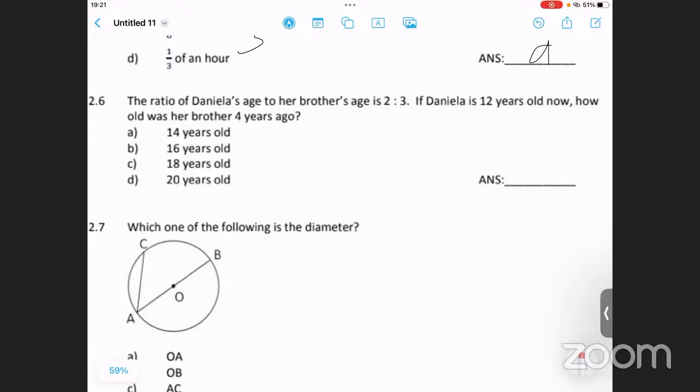If Daniela is 12 years old now, how old was her brother 4 years ago? He was 12, ma'am.